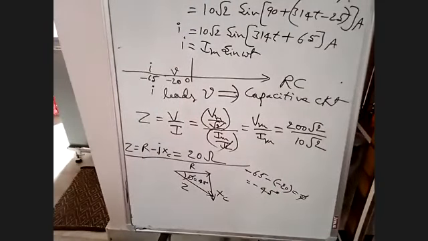Phi is equal to minus 45, since we are taking the y-axis in the downward direction. Anyway, it is minus, downward direction means. So your phi is 45 degrees.